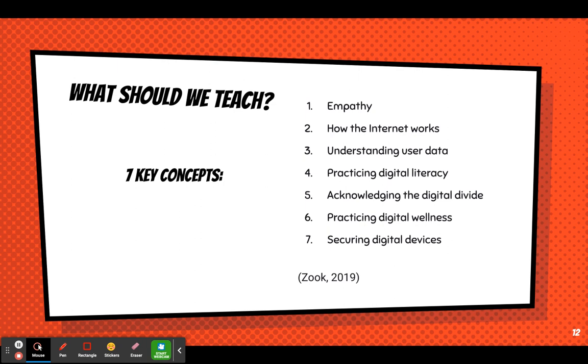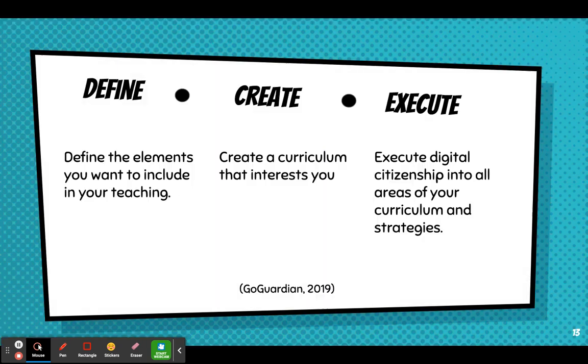Again, practicing digital wellness and healthy habits, and then securing digital devices. Our kids need to understand that their phones, their computers, their gaming systems, their iPads, they have to be secure, or people can get access to their information and their private things. So that's really important too.